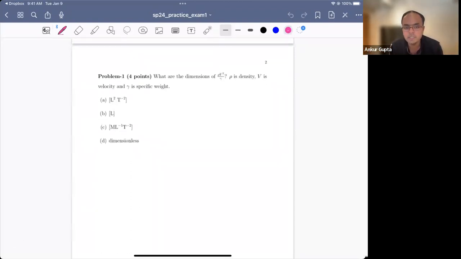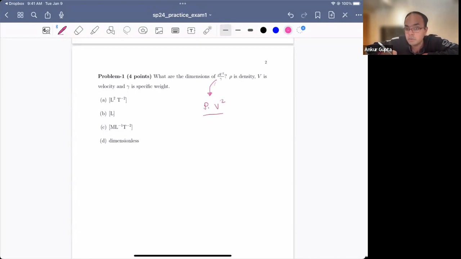So the first question is, what are the dimensions of rho v square by gamma? Rho is density, v is velocity, gamma is specific weight. This seems like a relatively simple question. It's rho times v square by gamma.